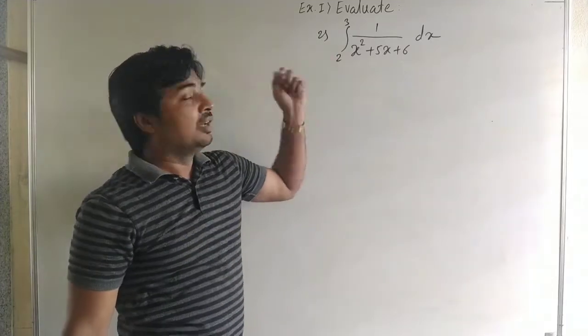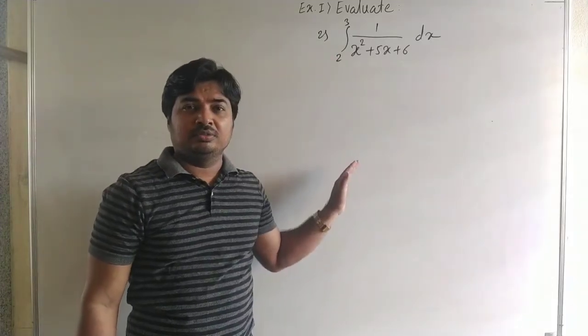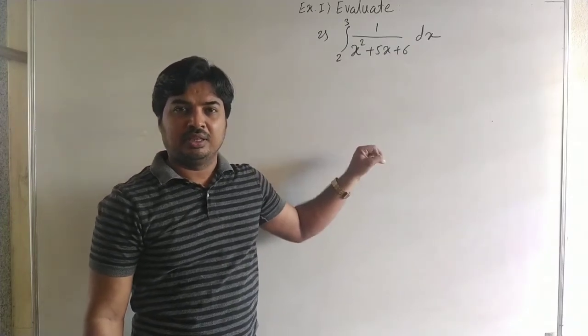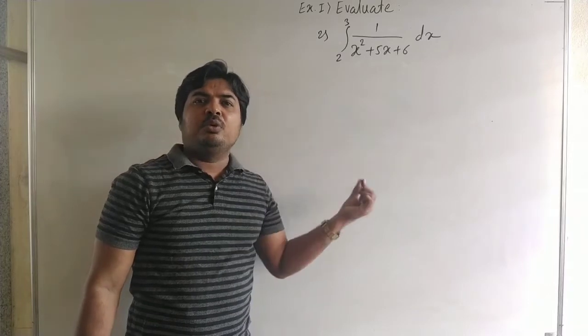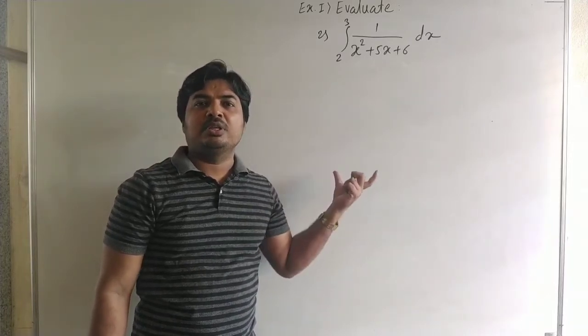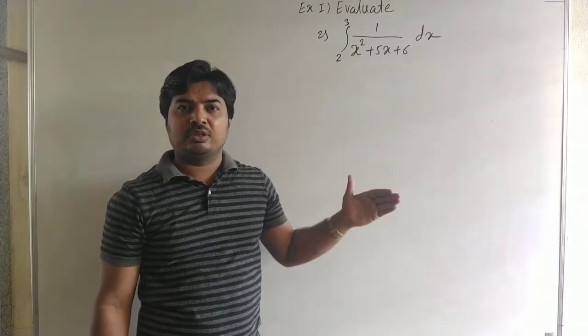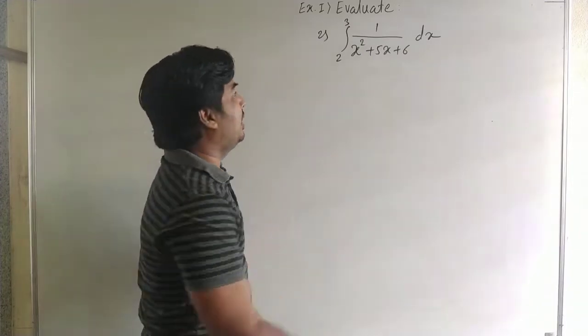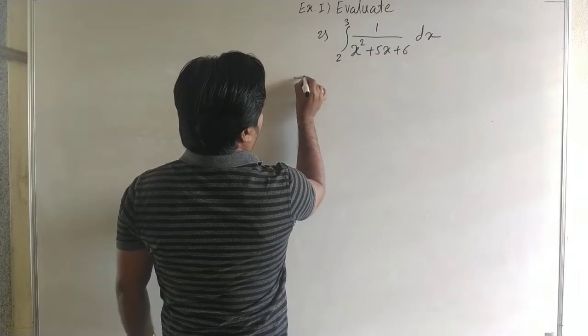How to solve it? We solve this example by using the completing square method and use any one formula out of 3 special integrals: 1 upon x square plus a square, 1 upon x square minus a square, and 1 upon a square minus x square.